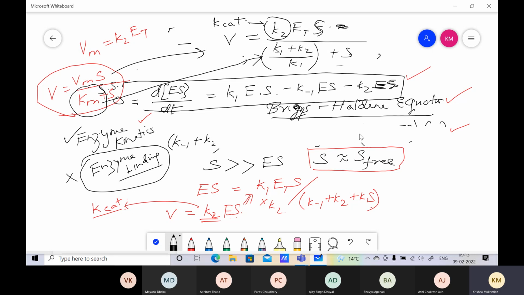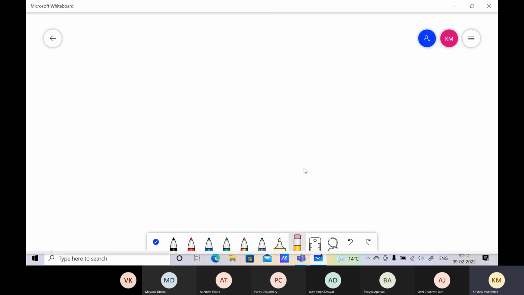But the point that I'm trying to make is that Briggs-Haldane is also used because, if you plot substrate concentrations with respect to time, now really the substrate concentration is going to decline with time, like this, because it will not go slowly, it will start tapering down, and product will start looking like this.